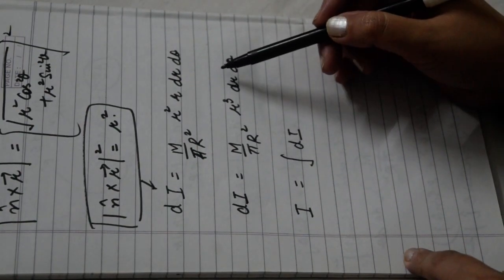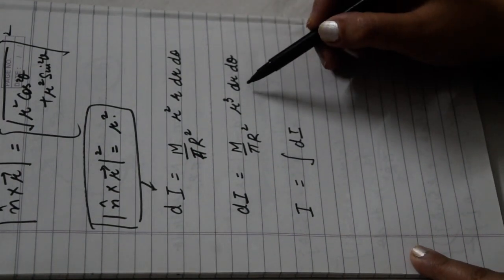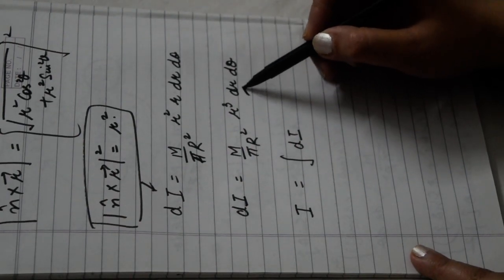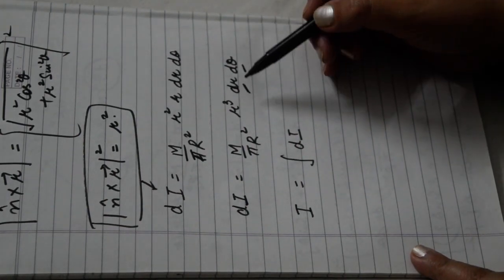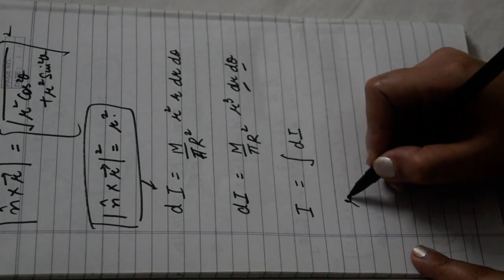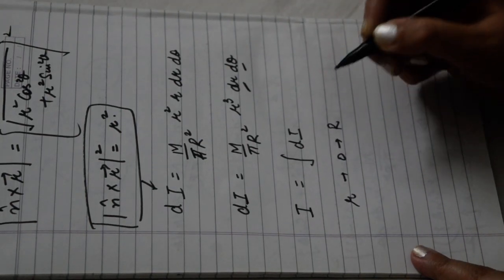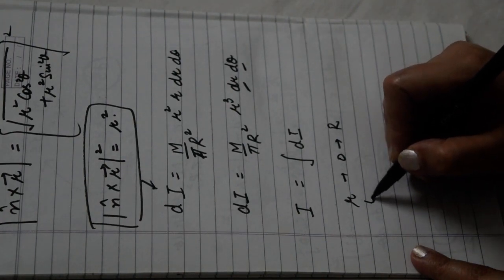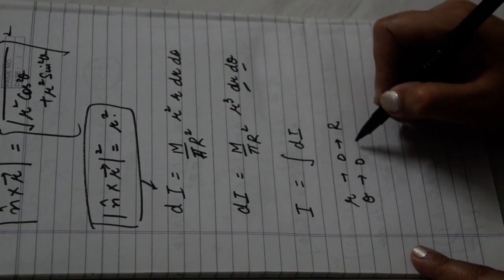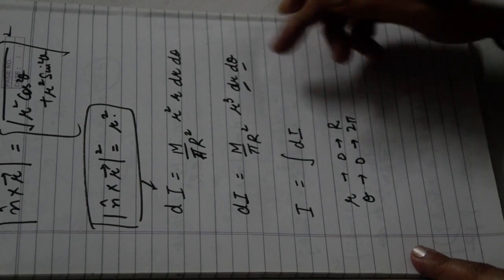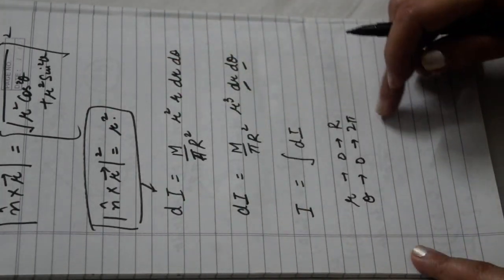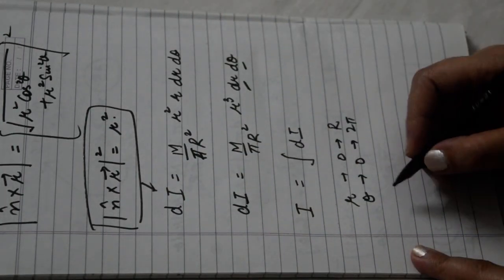Looking at this equation closely, we can see that there are two variables, r and theta. The variation of r is from 0 to capital R, as I discussed earlier, and the variation of theta is from 0 to 2 pi, because it is a disk, so the angle can vary from 0 to 2 pi.